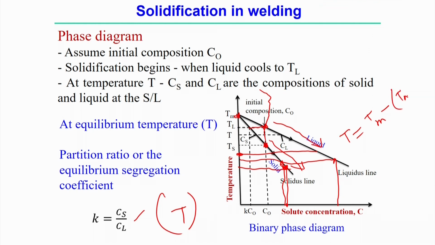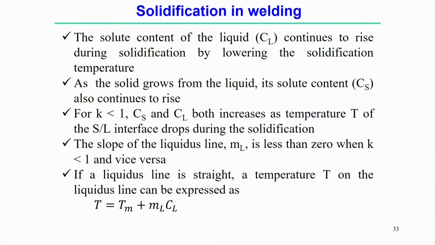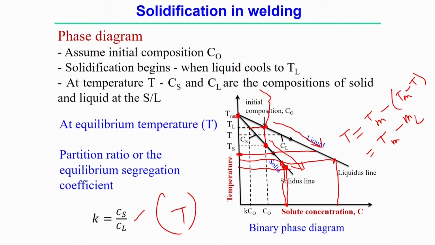So, Tm minus T, that increment, can be represented by the slope ML and the liquid content Cl. So, m into Cl, and this slope is negative. So, T at any point can be represented by Tm, the negative slope, and the amount of the liquid content at that specific point.